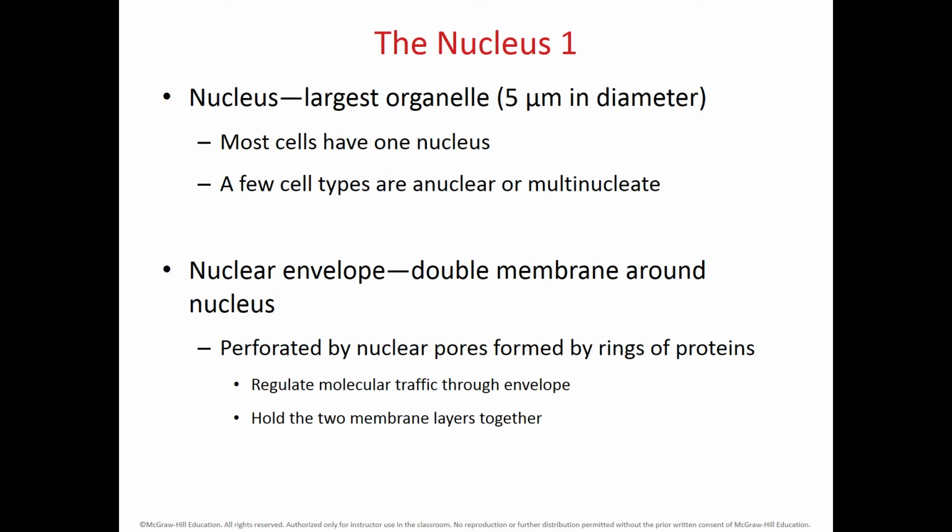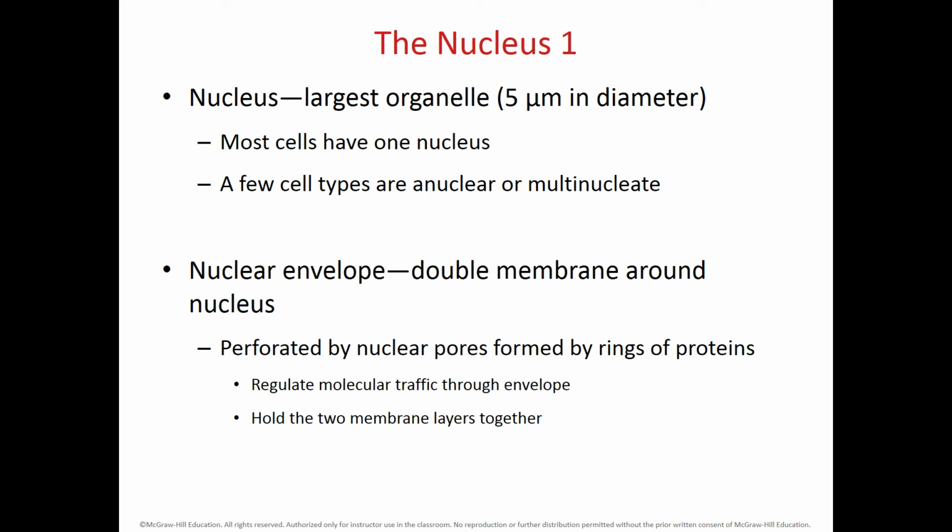Now the first membranous organelle, the nucleus, is the largest organelle. It can measure up to 5 micrometers in diameter, and most of the cells in our body have a nucleus, with the exception of the red blood cells, that they don't have a nucleus, so they are anuclear.